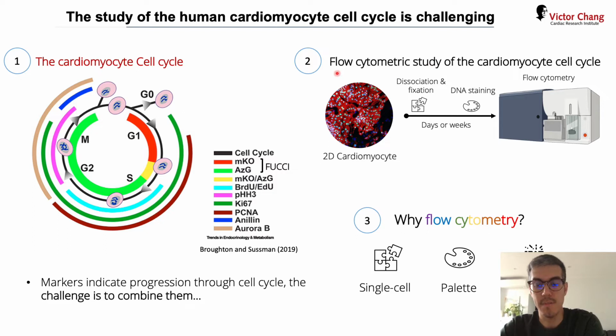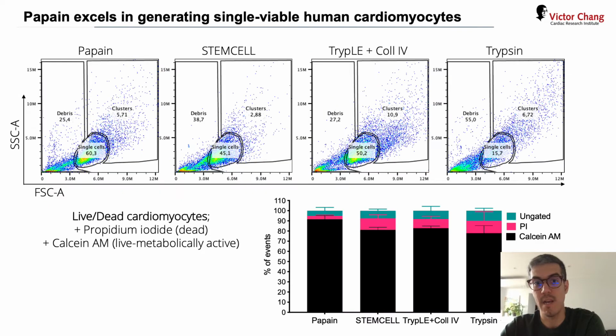Human-induced pluripotent stem cells offer an unlimited resource to study the human cardiomyocyte cell cycle through flow cytometry. Why? Because we can determine, at the single cell level, using different palettes of colors or fluorophores, with high accuracy, the cell cycle progression of these cardiomyocytes.